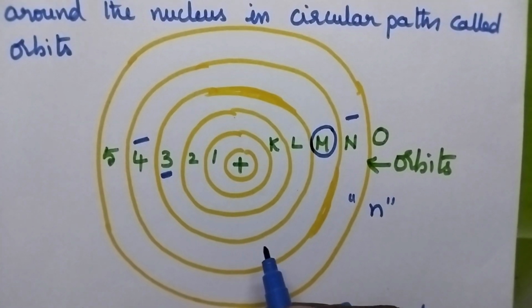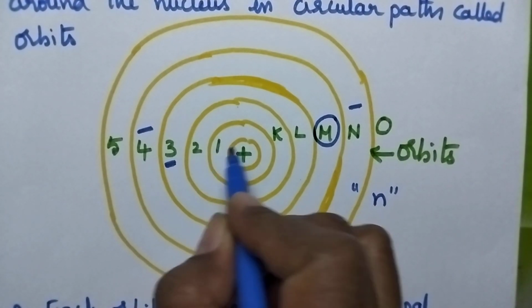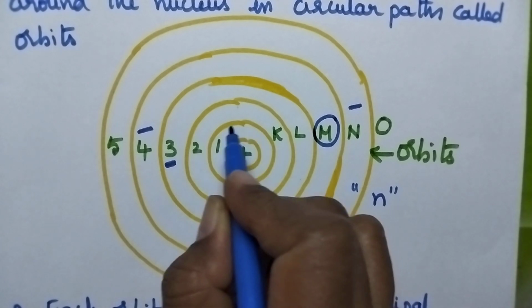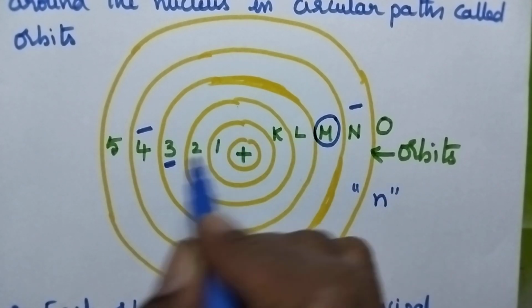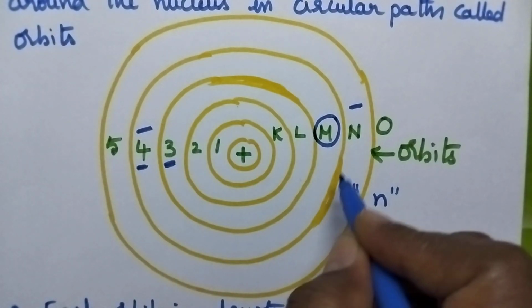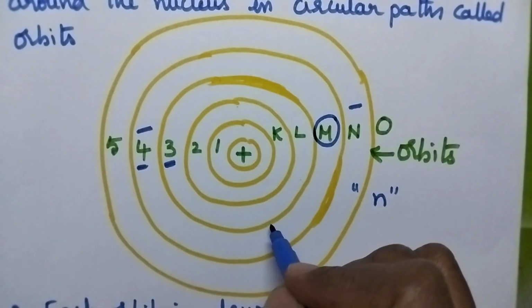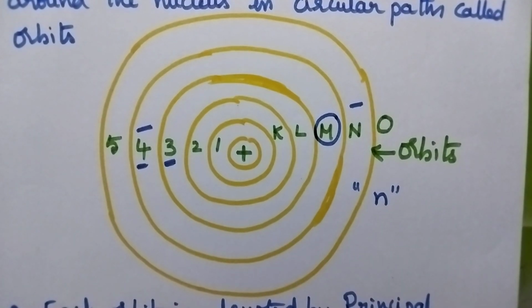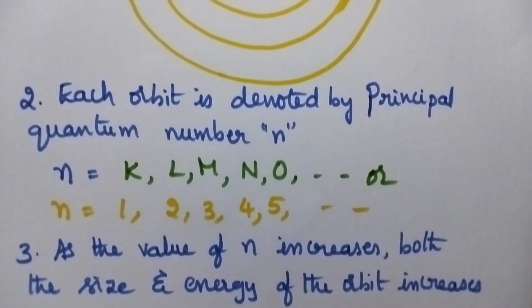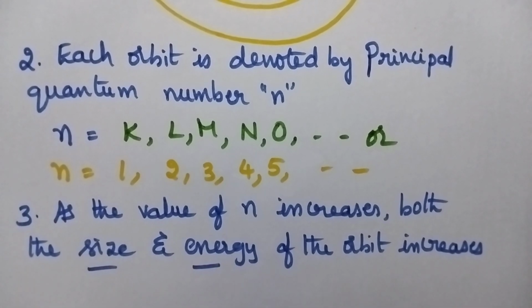It is very clear from this picture. If the value of n is equal to 1, the size of the orbit is small. At the same time, if the value of n is equal to 4, the orbit size is large, and hence the energy of the orbit is also high. So in that way, as the value of n increases, both the size and energy of the orbit increase.